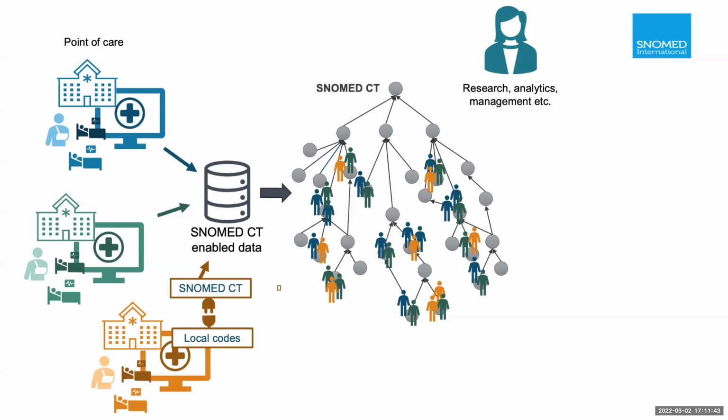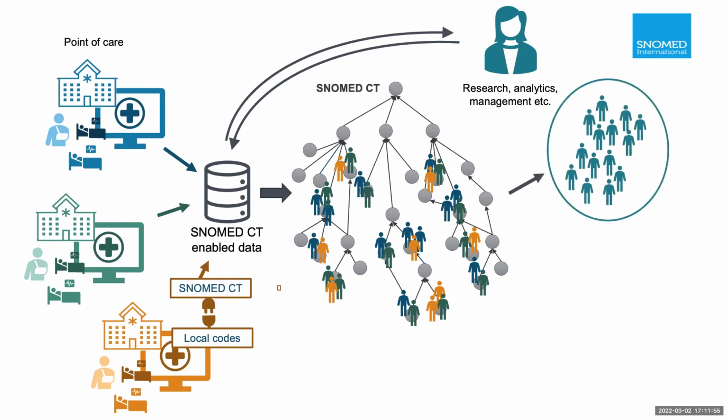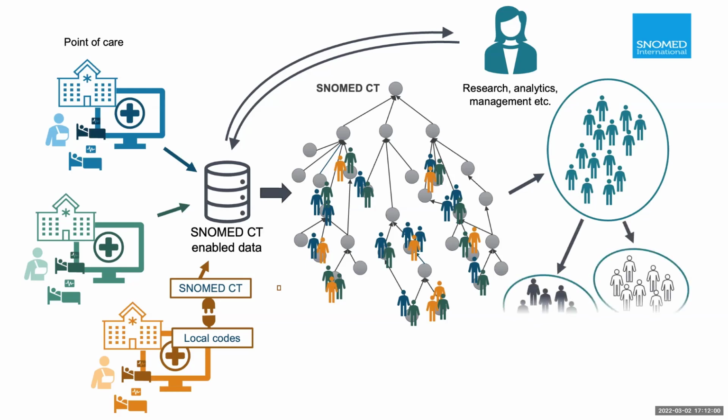It may be from a national perspective, you want to do research, analytics, management. Instead of going out to each of the hospitals, you can start to query one single place where you can then create the groups of people you want to look at. It could be a certain condition. And then you can also use the SNOMED CT features to do more advanced analytics.